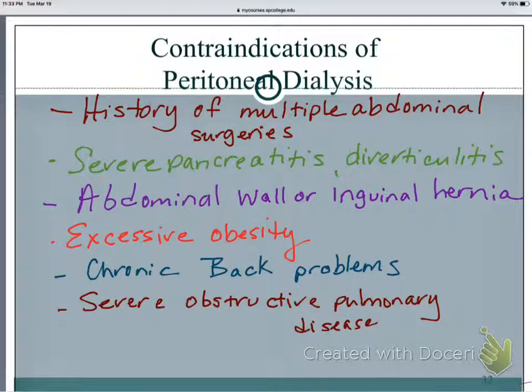Okay. And there's some contraindications for some folks that can't get that, so they have to get hemodialysis or transplant. So history of multiple abdominal surgeries, severe pancreatitis, diverticulitis, any kind of real severe bowel problems.